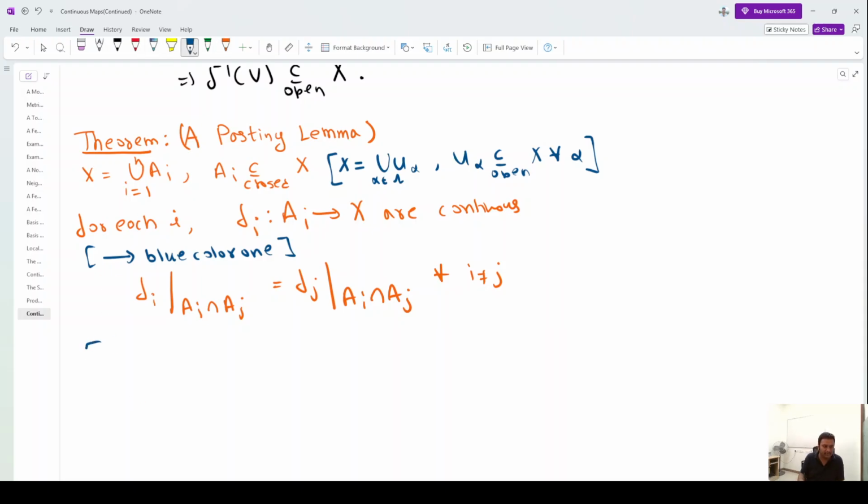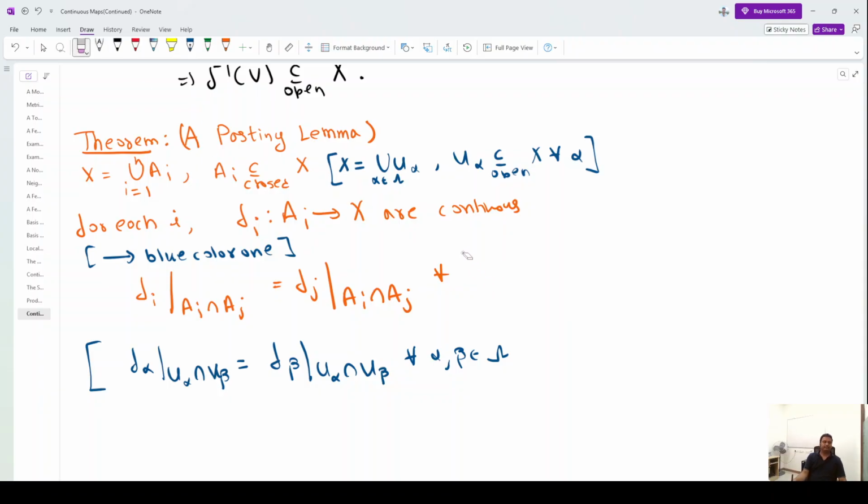Similarly, the blue color statement would be: f_alpha restricted to U_alpha intersection U_beta is the same as f_beta restricted to U_alpha intersection U_beta, and this is for every alpha, beta. No need to write i not equal to j, because it is obvious that it will always hold. Okay, so this is what we have.